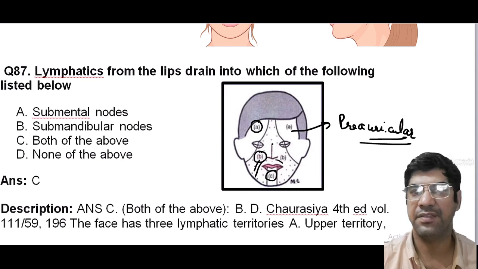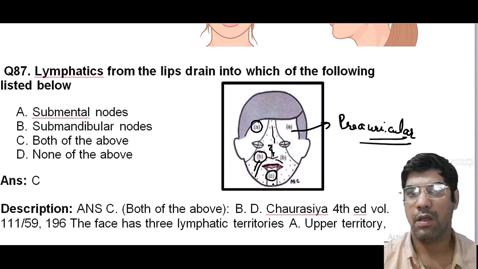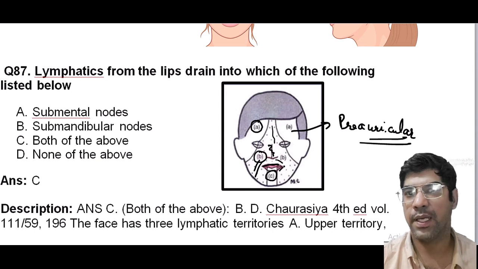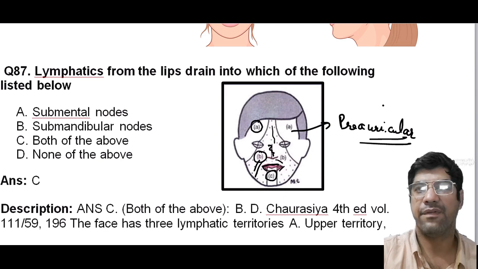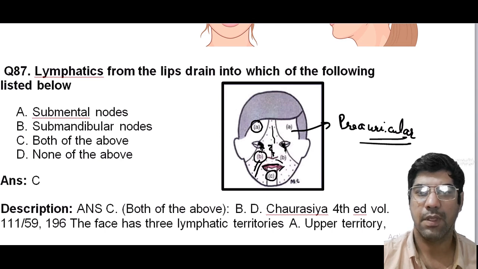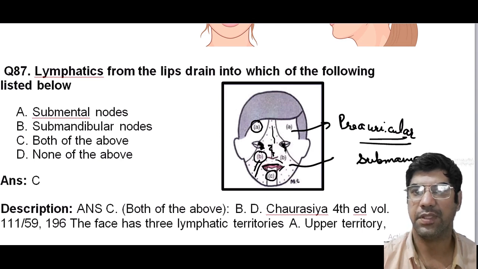It includes the central strip of the forehead, external nose, upper lip, lateral part of the lower lip, medial half of the eyelid, that drains into the submandibular nodes.